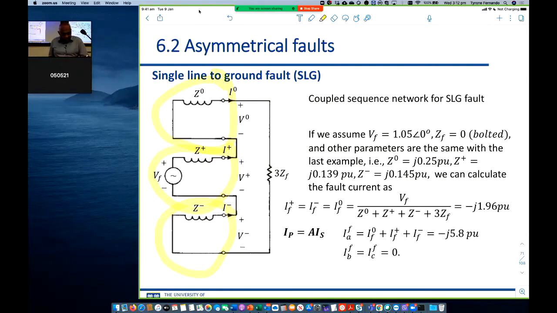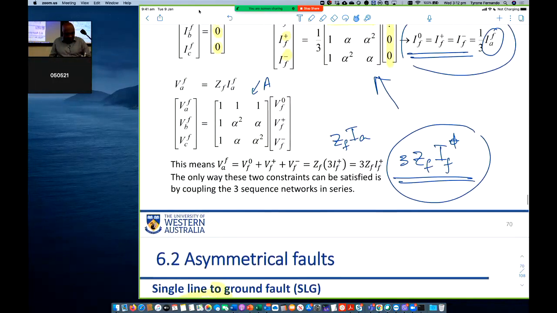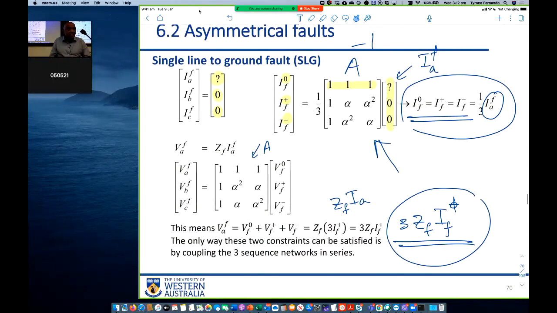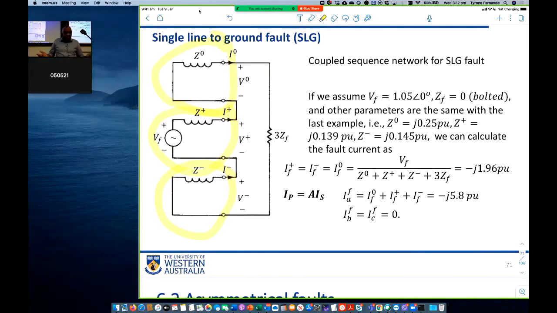We know that in this particular case, the three sequence currents have to be the same, right? So, to make the three sequence currents the same, we need to connect the three circuits in series, because the same current has to flow in all three circuits.